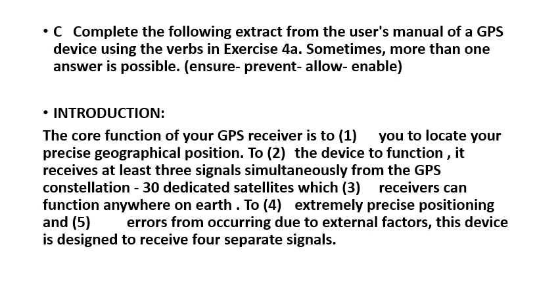We have numbers in this extract: numbers 1, 2, 3, 4, 5. We have to put a word from ensure, prevent, allow, enable to be put correctly instead of number 1, 2, 3, 4, and 5.